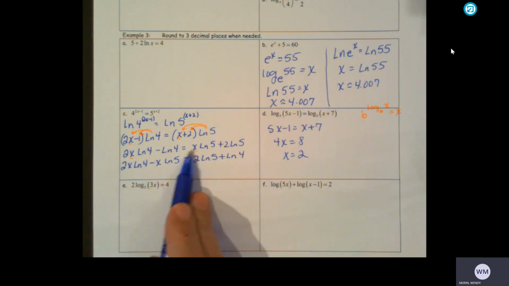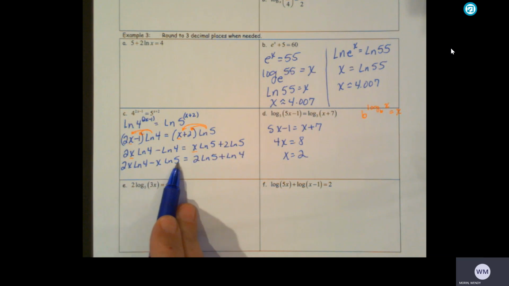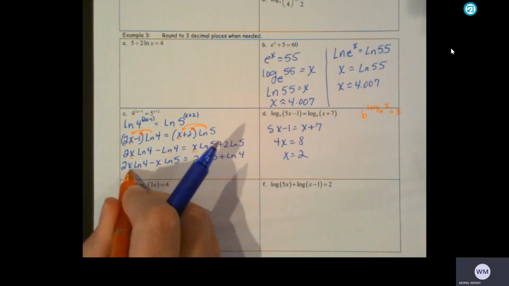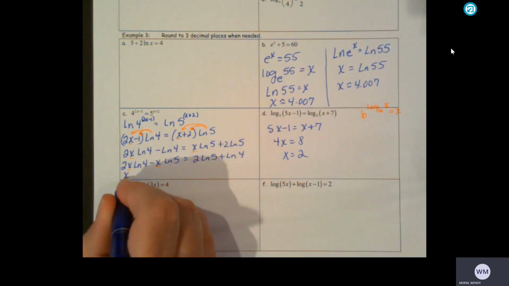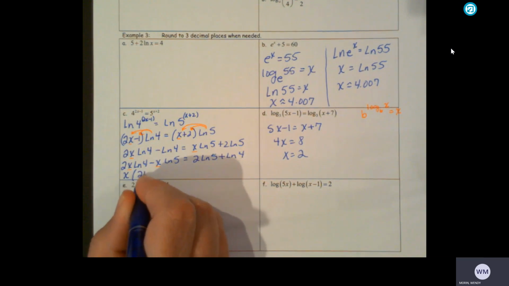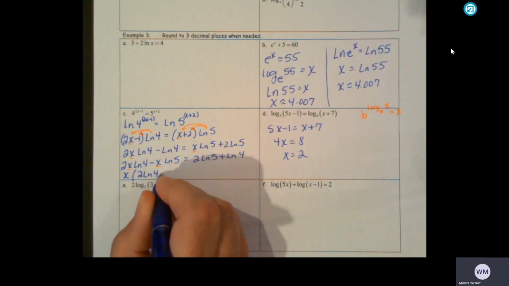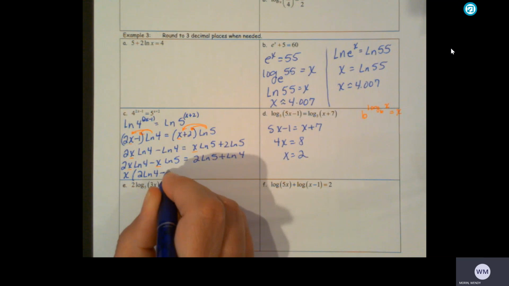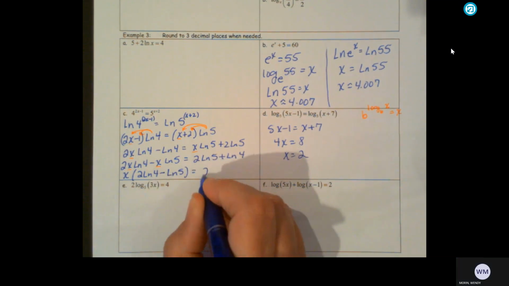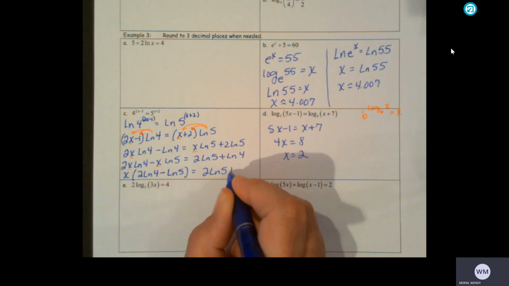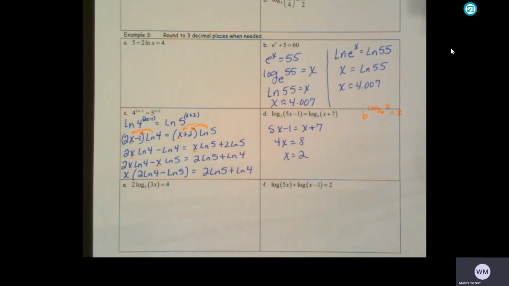I'm going to subtract x ln of 5 from both sides. Now they're on the same side. And now I can factor it out. x times 2 ln of 4 minus ln of 5 equals 2 ln of 5 plus ln of 4. Solve for x.